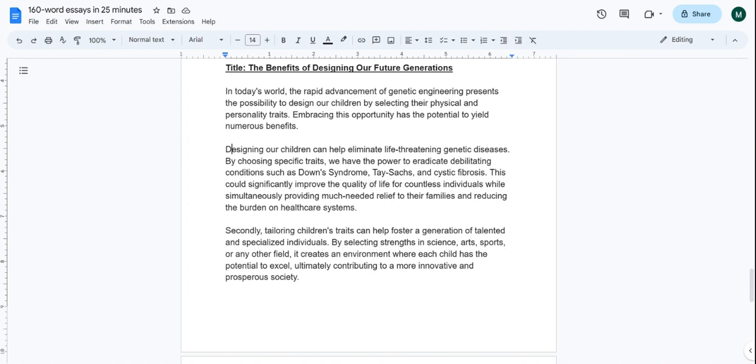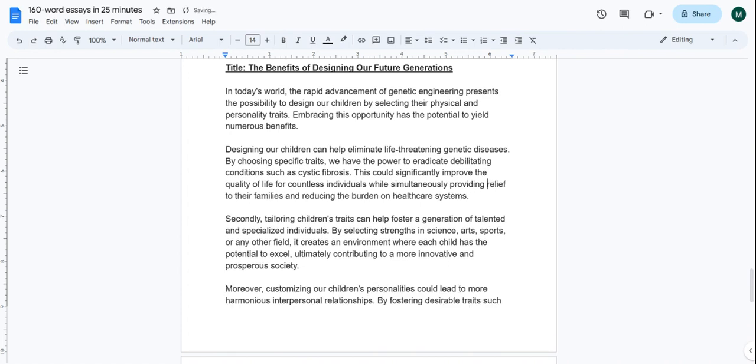By choosing specific traits, we have the power to eradicate debilitating conditions such as, and I think I'm just going to go with cystic fibrosis and just go with one instead of three. This could significantly improve the quality of life for countless individuals while simultaneously providing relief, instead of much needed relief, to their families and reducing the burden on healthcare, and maybe taking out systems.